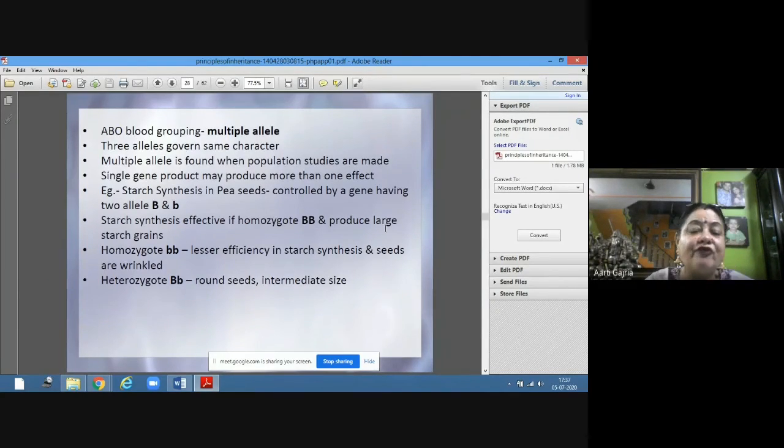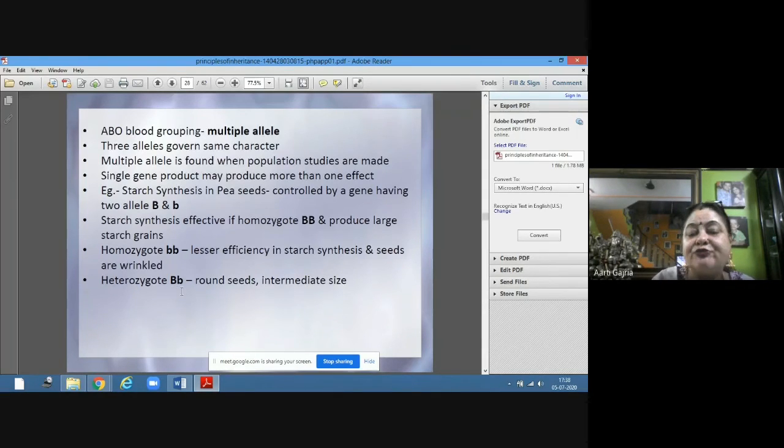So what would be the result? More and more starch would be synthesized, and this would result in very big starch grains. Similarly, the homozygote small b will have less efficiency for production of starch, and their seeds would be wrinkled. And what would the heterozygous be?